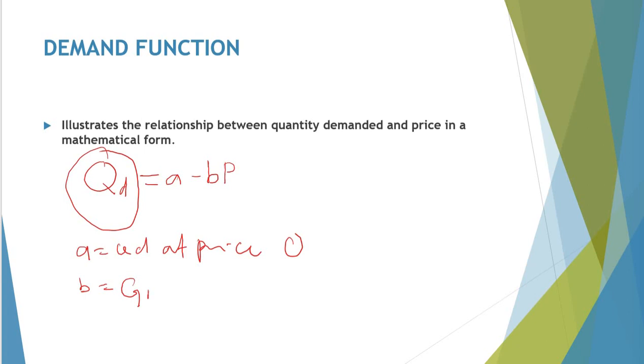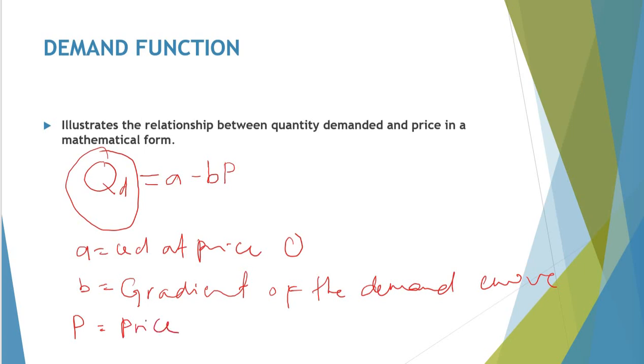Gradient of the demand curve. While P is the price. Yeah, this is the equation.